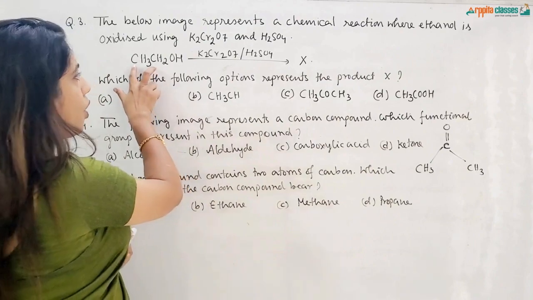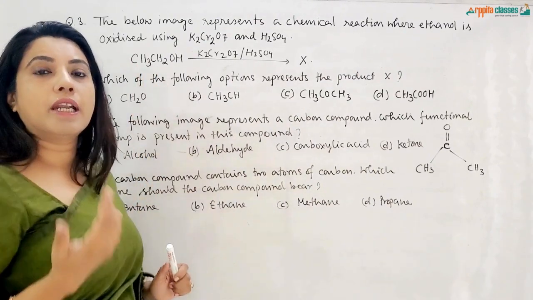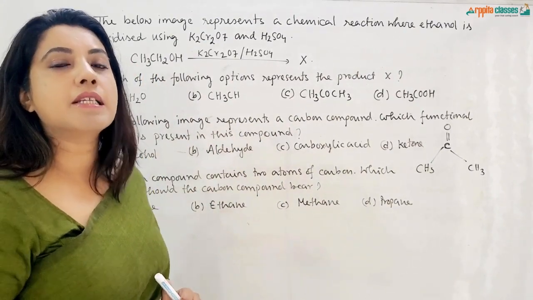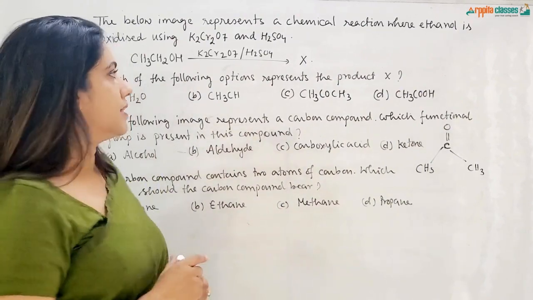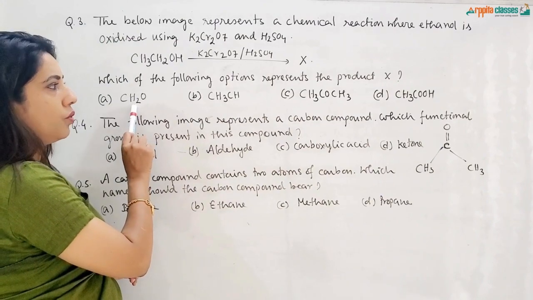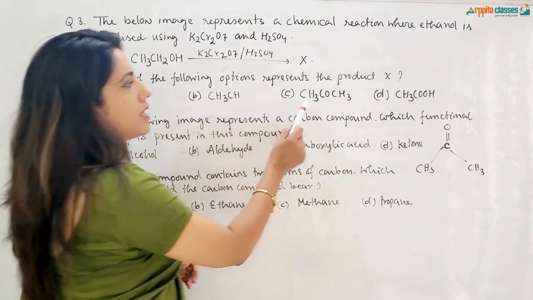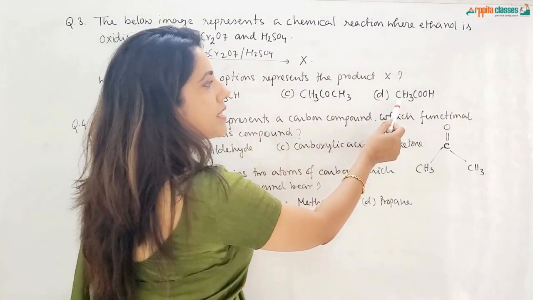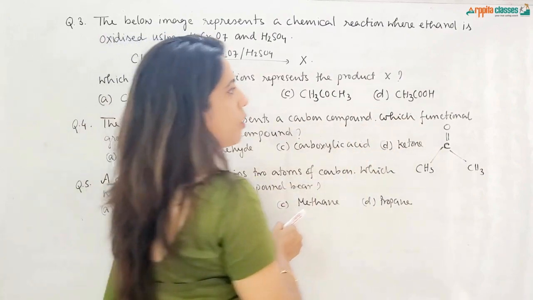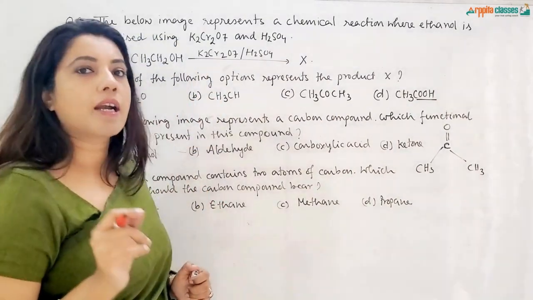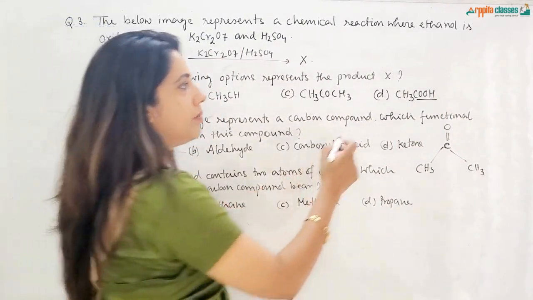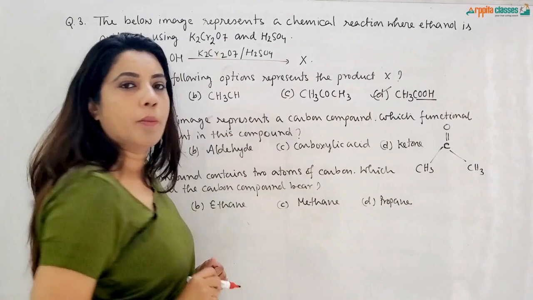So there is an alcohol with 2 carbon atoms, so we should get an acid with 2 carbon atoms, that is ethanoic acid, whose common name is also acetic acid. So the options are CH2O, no, CH3CHO, no, CH3COCH3, no, CH3COOH. So this is the carboxylic acid, COOH, and there are 2 carbon atoms. So we are getting a carboxylic acid with 2 carbon atoms, that is ethanoic acid. So this is the product.